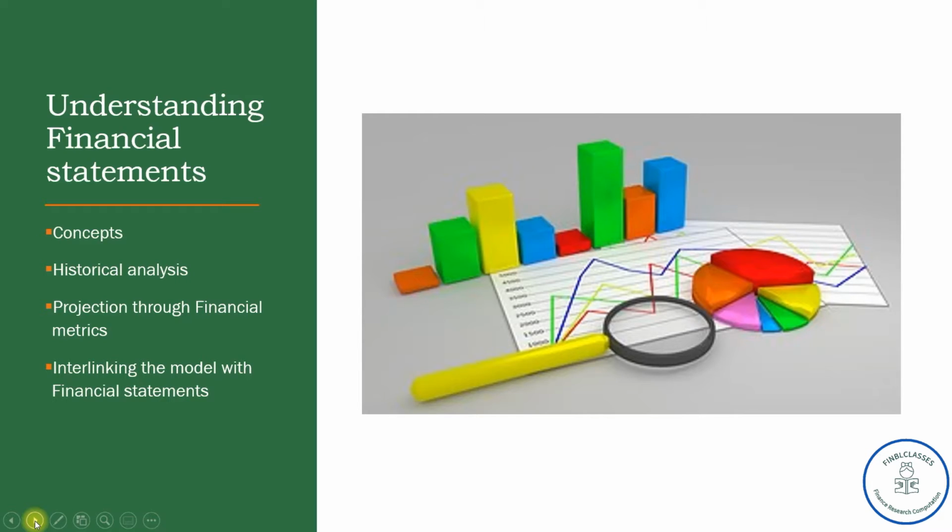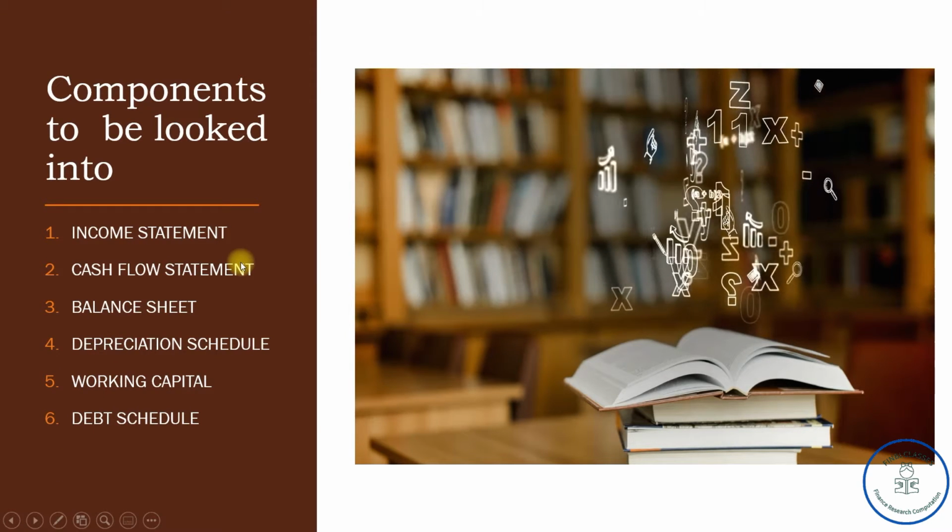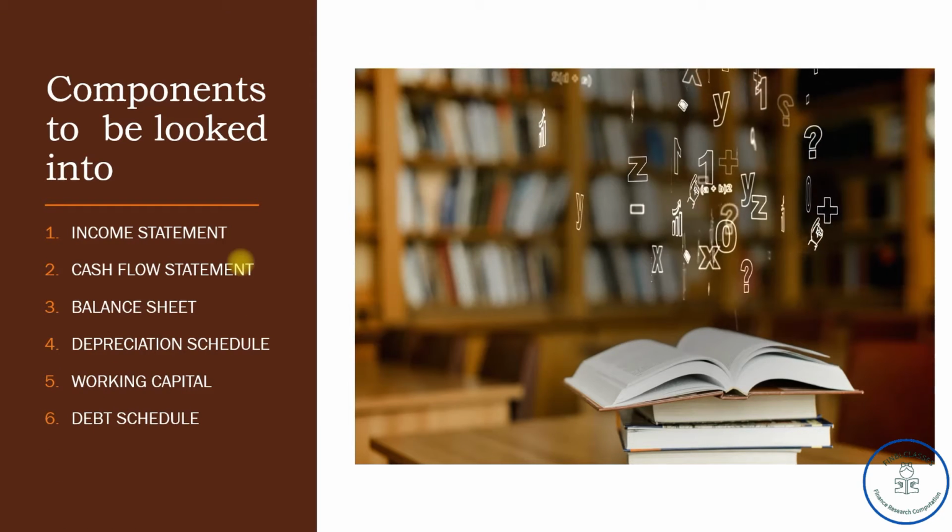What is the impact of a balance sheet element on the income statement, or what is the impact of profit, an element on the balance sheet, or on the cash flow? These are the parts where we have to interlink the model very carefully, and check which variables will start moving up or down. So this ensures us to build a complete financial model.